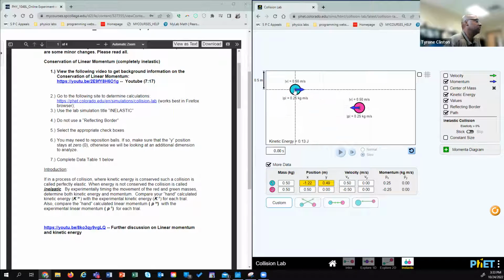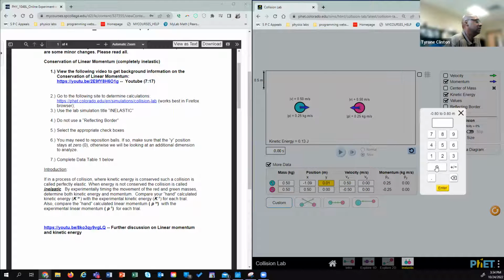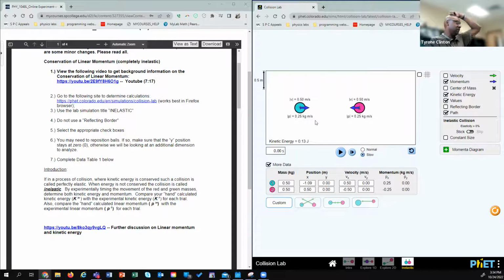If these balls are set up such that they're not lined up with one another, you're going to want them to line up such that the Y position is 0. In this case, it looks like it's not 0. So we want its Y value right in line with this so that they can collide.